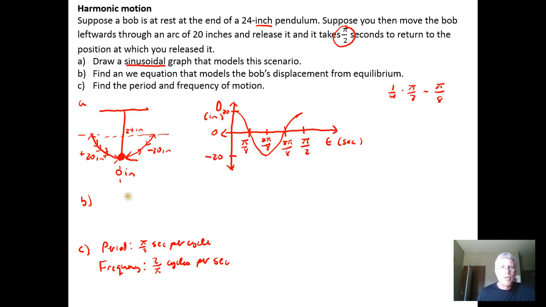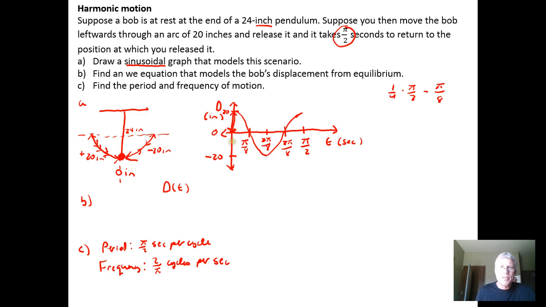So it looks like a pretty good graph, and then it's just a matter of finding a model for displacement using a sine or cosine function. So the cosine function actually is the most natural function to use to model this because I'm starting high and going down. That is how the cosine function likes to work. So displacement as a function of time. The amplitude is 20.